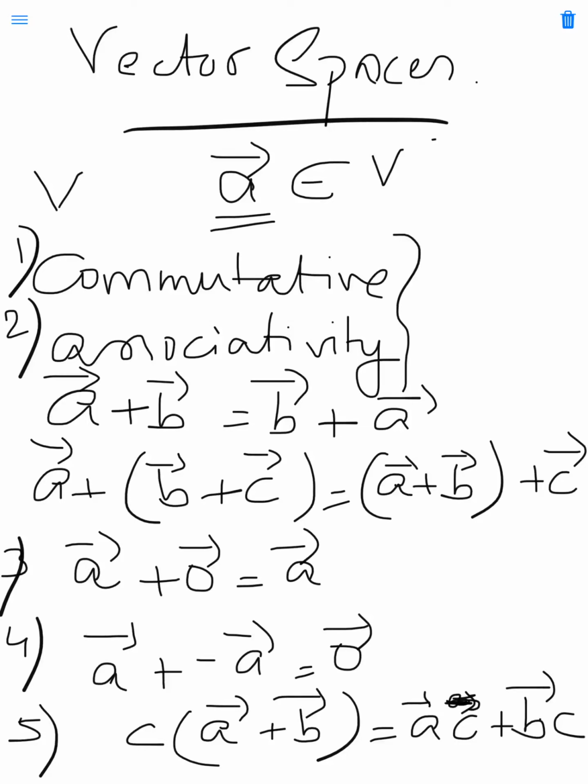Similarly, it is the case with the addition of two scalars also: if two scalars c plus d are added and multiplied with the vector, then it can be distributed as c A vector plus d A vector. Okay.